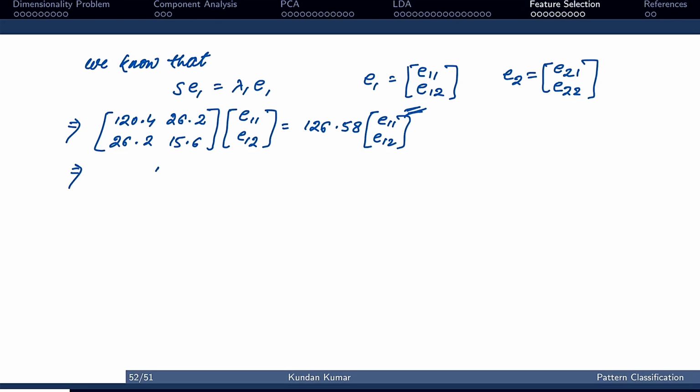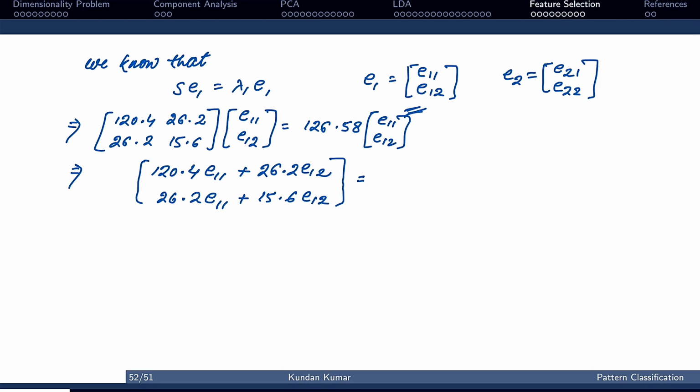It will be 120.4 E11 plus 26.2 E12, and 26.2 E11 plus 15.6 E12, and we have to equate this with 126.58 E11 and 126.58 E12.